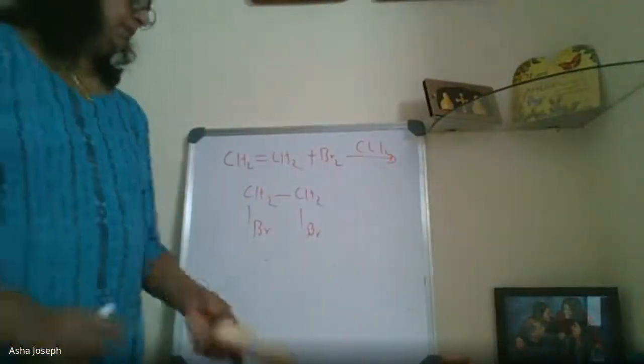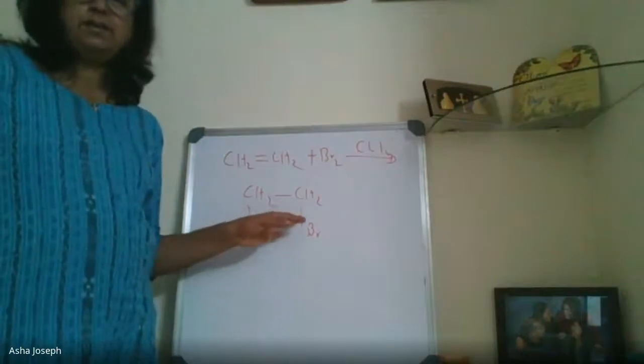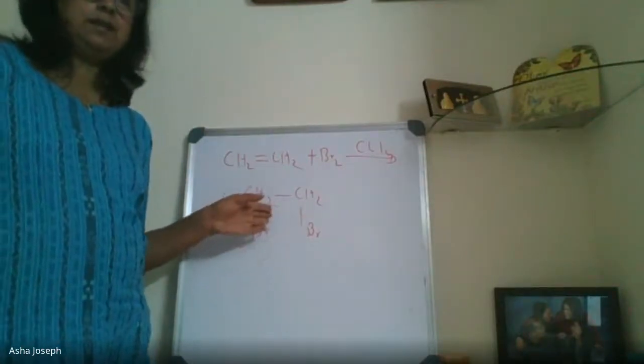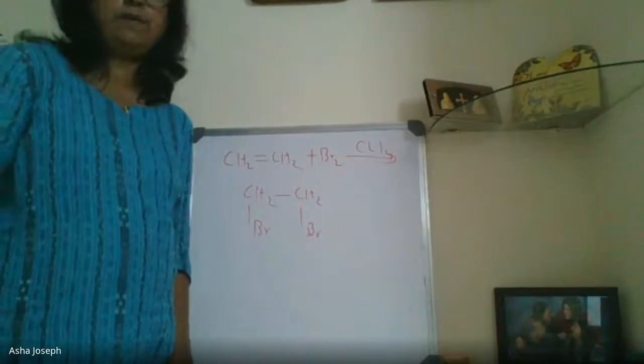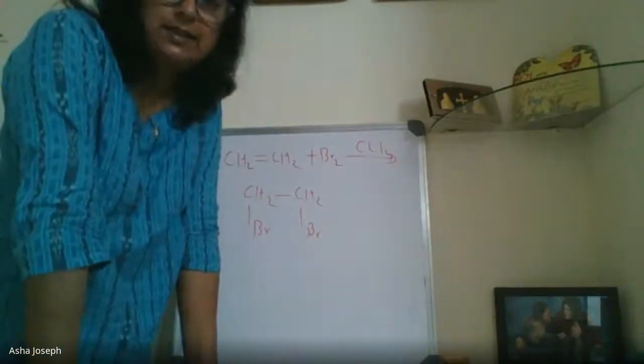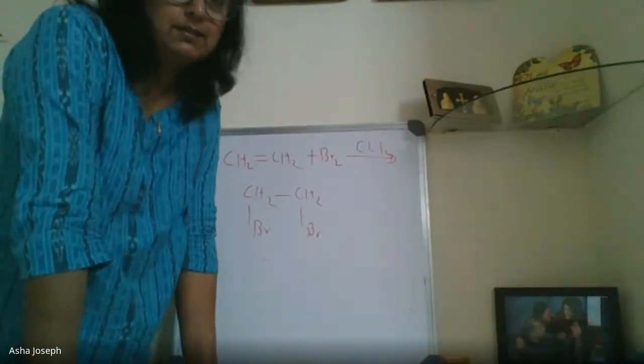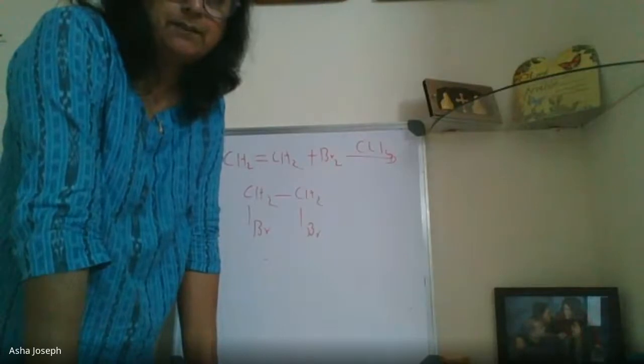Ma'am, the permanganate test is also used for unsaturation, right? Yes, permanganate is there. Okay, but here our topic is not the test; our topic is the preparation of haloarenes or haloalkanes. That is why this is written.